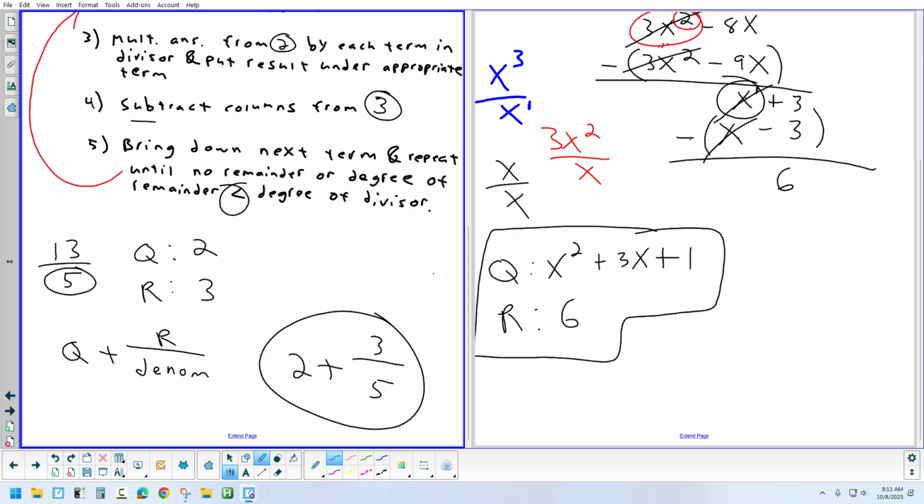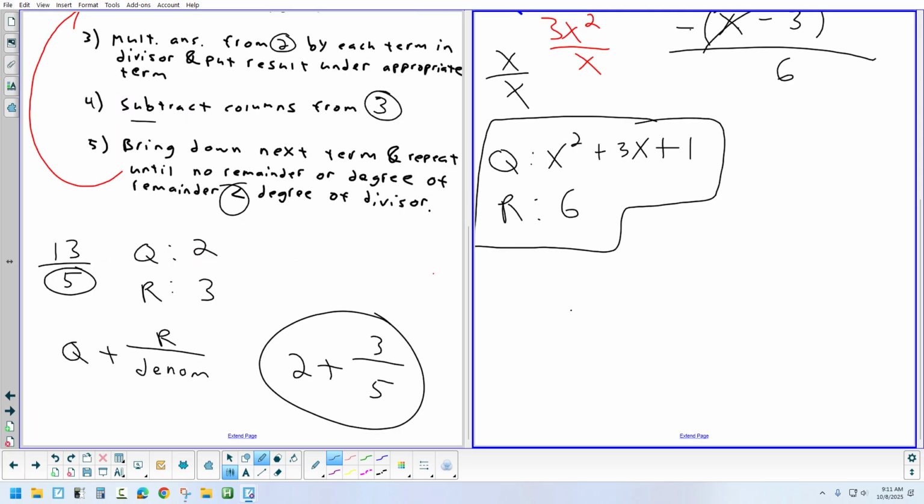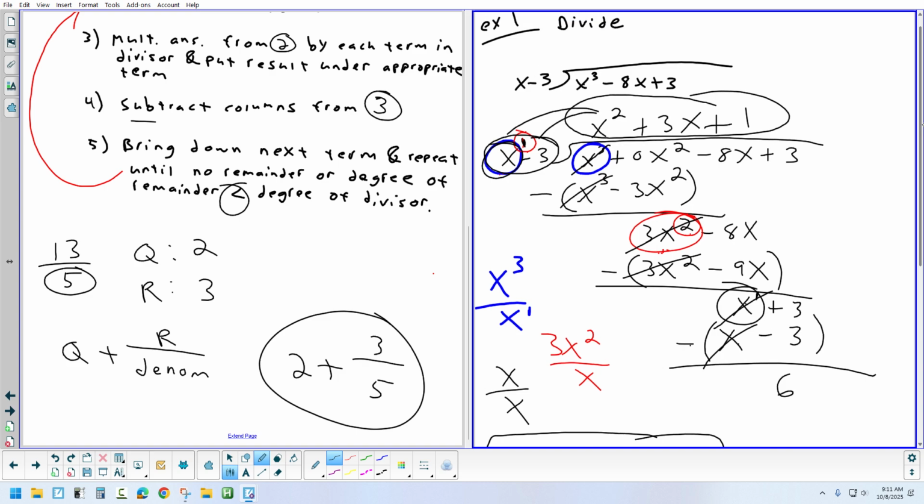Do the same thing here. Quotient plus my remainder over my original denominator, x minus 3.